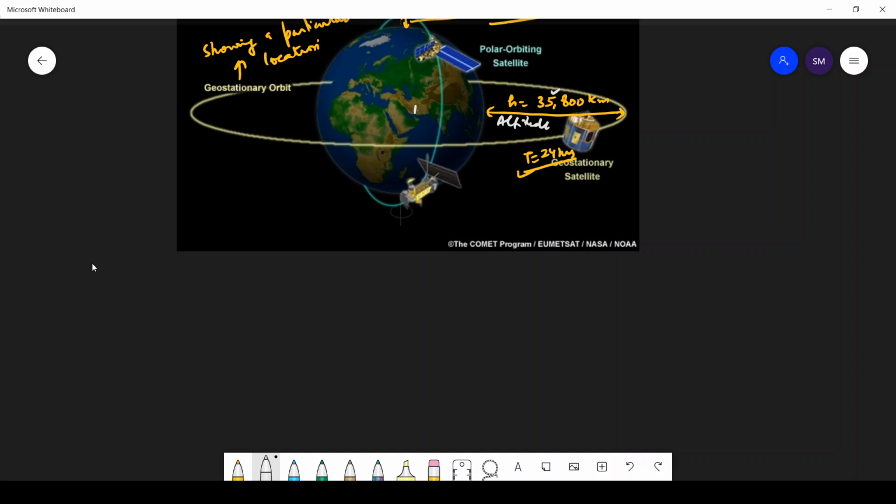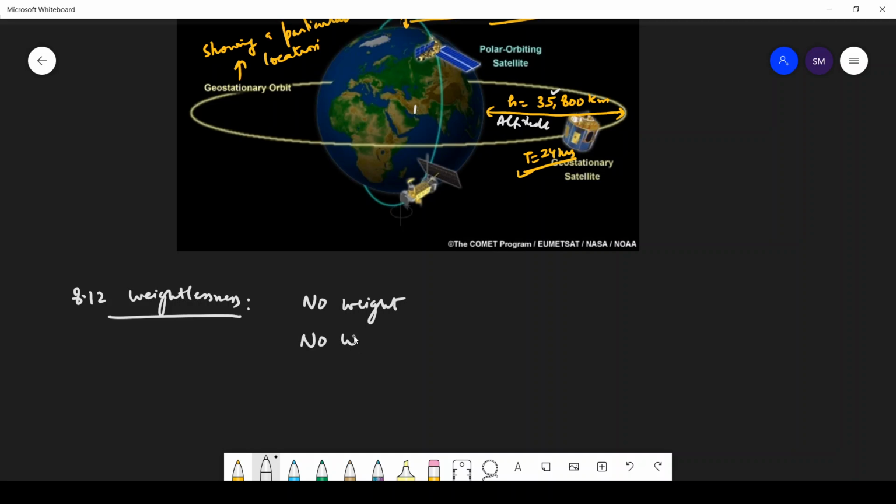Next topic is weightlessness. The name itself is telling you weightless, so no weight. So weightlessness means no weight. What is your weight?